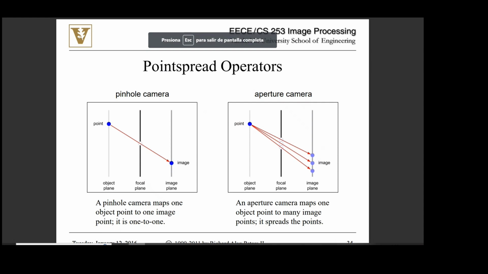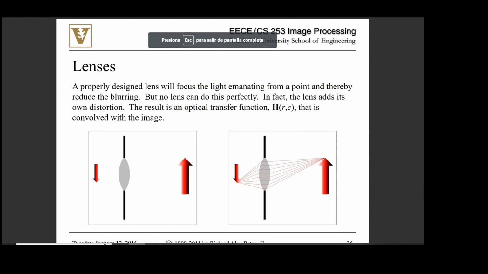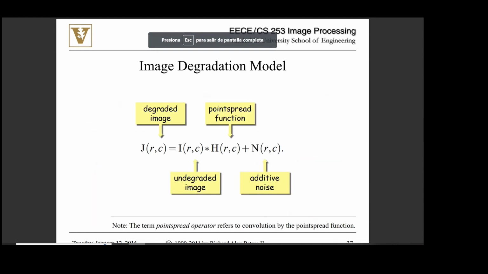Point spread functions are caused by the optics. The effect of the optics is that they blur your images. So we have some point spread function there. How do I recover this ideal image from the observed one?